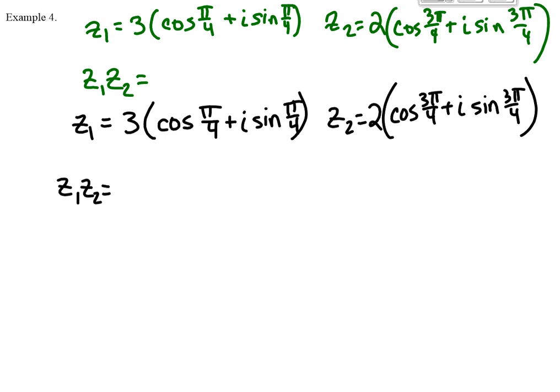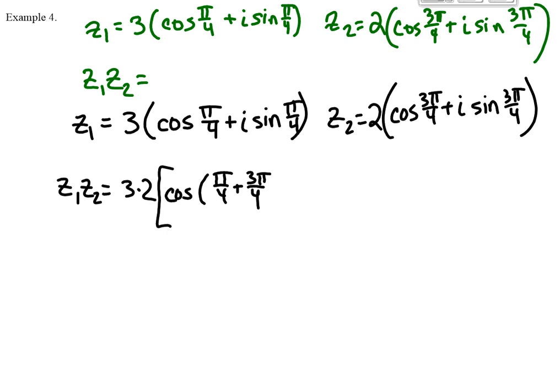And so we're just going to multiply 3 times 2. And that's from these two, just that 3 times that 2. And then we'll put a bracket, and it'll be the cosine (pi over 4 plus 3 pi over 4).